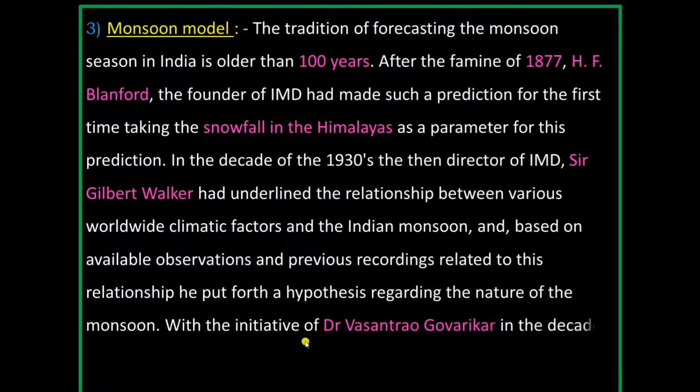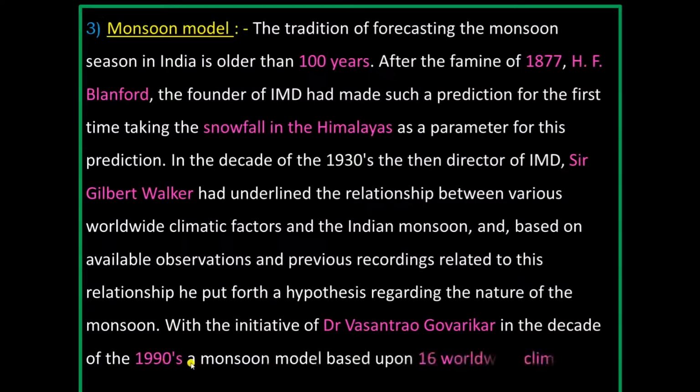With the initiative of Dr. Basantrao Gowarikar in the decade of 1990, a monsoon model based upon 16 worldwide climatic parameters was developed. This model was in use from 1990 to 2002.